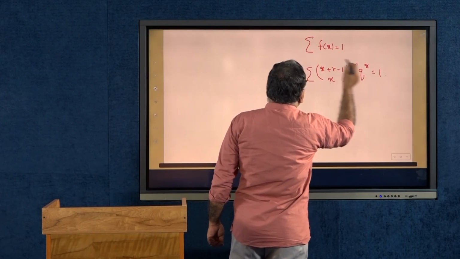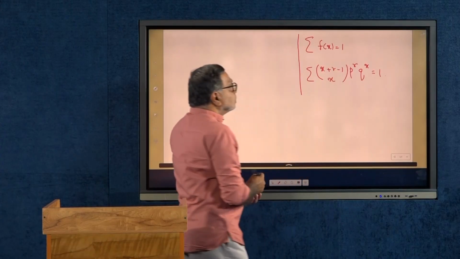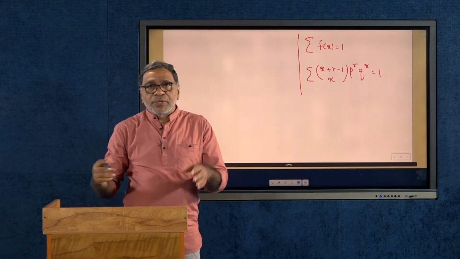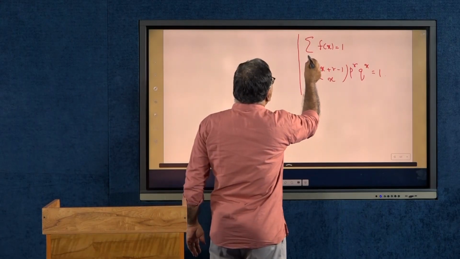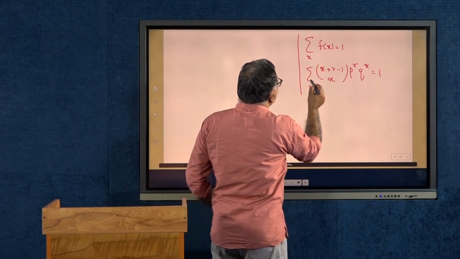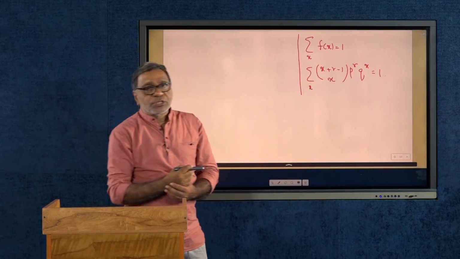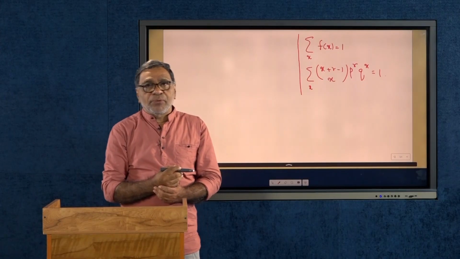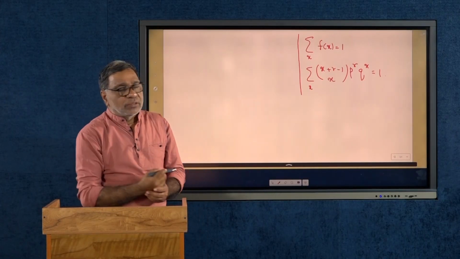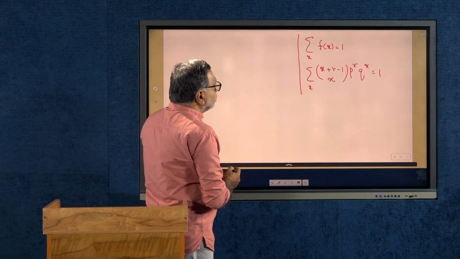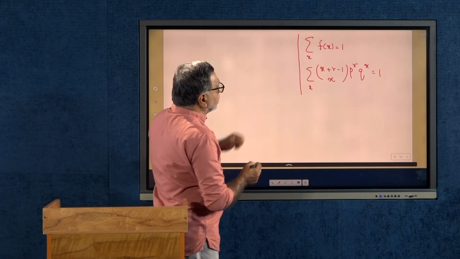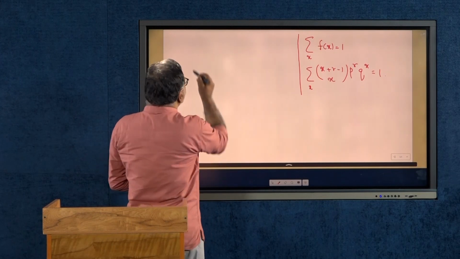This is 1, we know. That is, sum of the probability mass function over all x values is equal to 1. So, that is sum over x, x plus r minus 1 c x p power r q power x is equal to 1. So, using this concept, we can find the expectation of x.